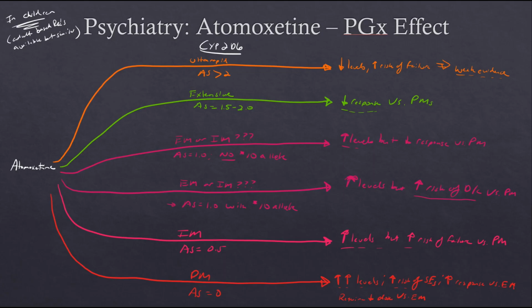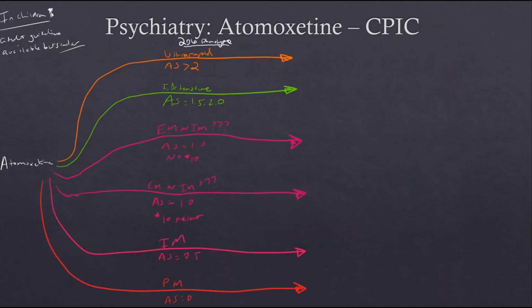Now let's see what the recommendation is from CPIC for atomoxetine if you are a CYP2D6 ultra-rapid metabolizer. And these are a little bit more detailed recommendations than we've seen in the past.